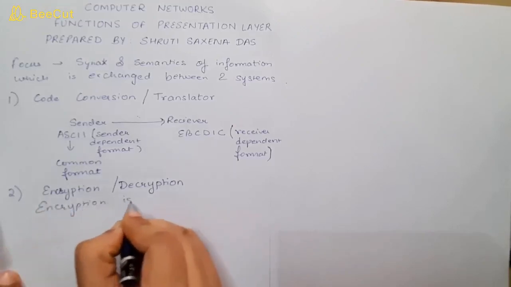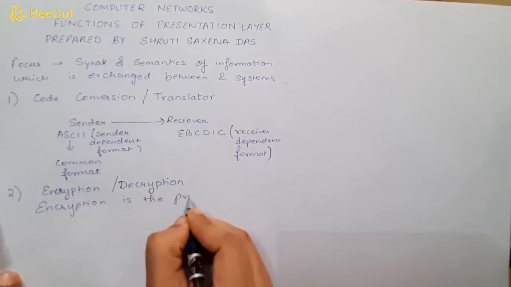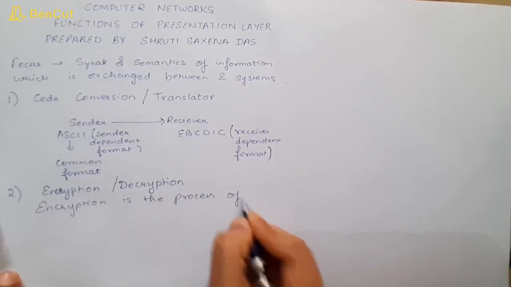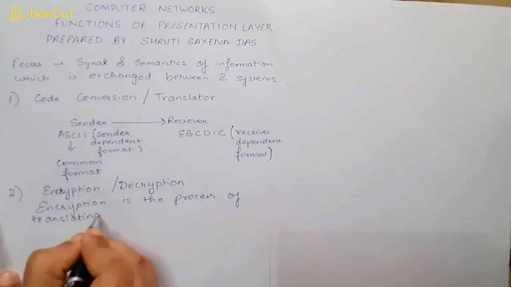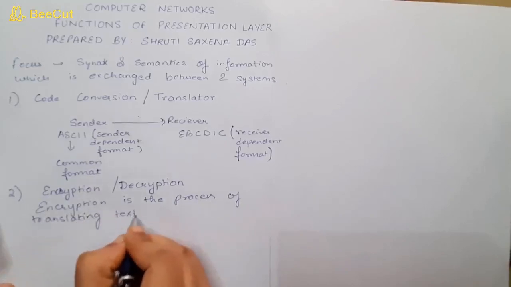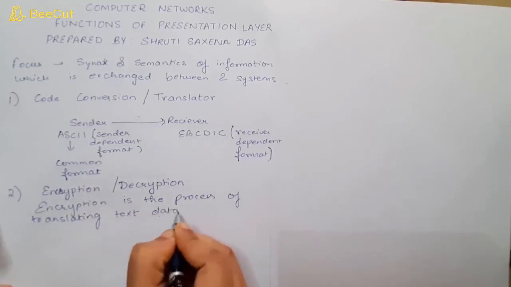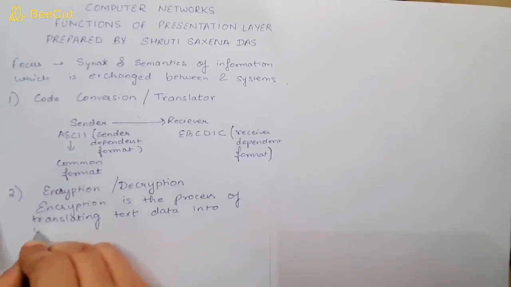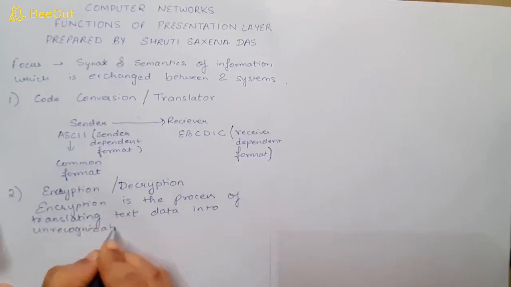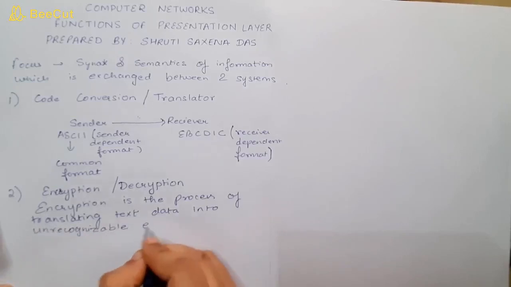So encryption is the process of translating your data, whatever text data you want to send, into unrecognizable encrypted or encoded message.